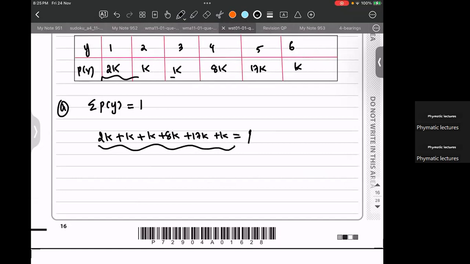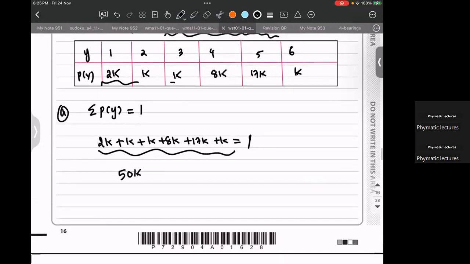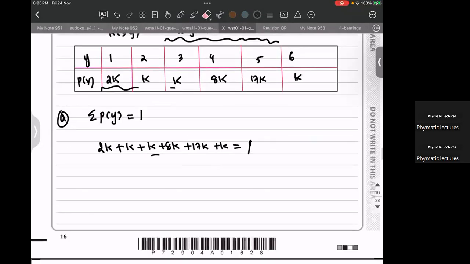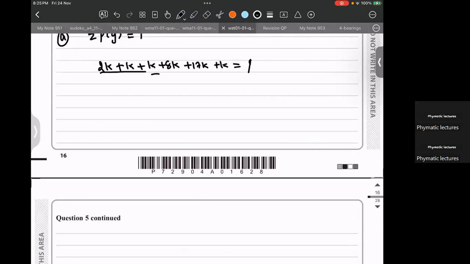Adding 2k plus k, 3k, 3k plus k, 4k, plus 8k, 12k, then 12k plus 18k, that is 30k. So 30k is equal to 1, or k is equal to 1 over 30. Hence shown.